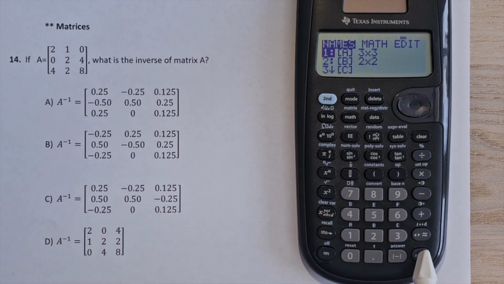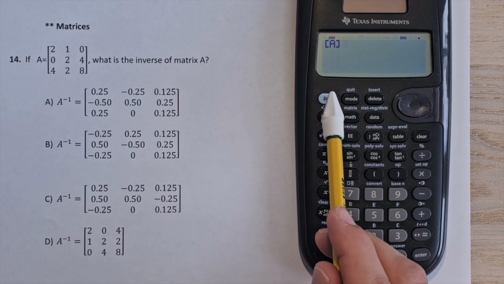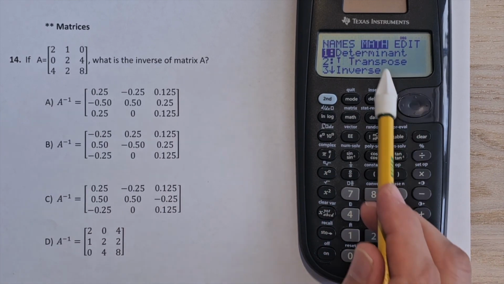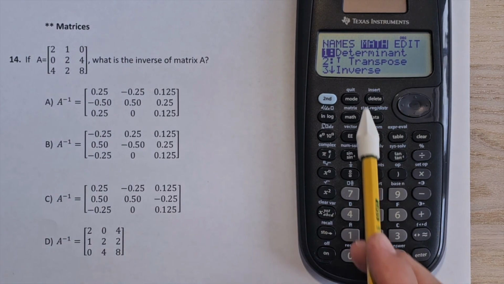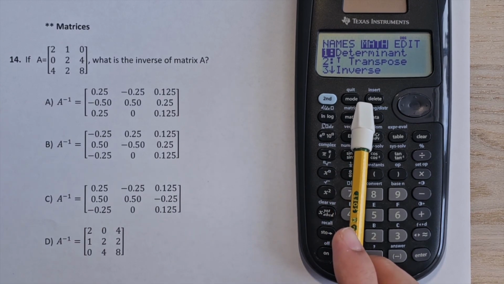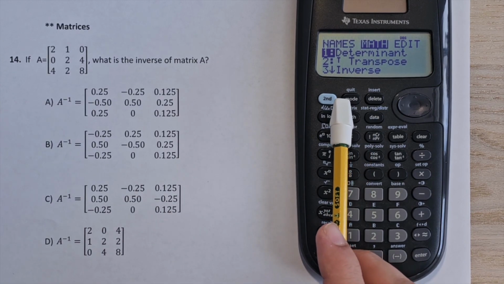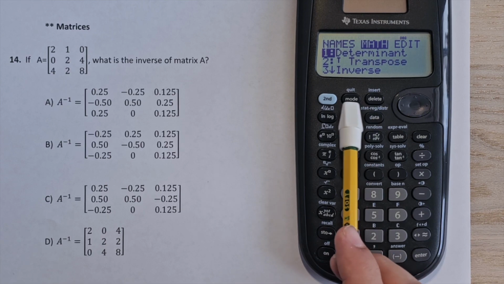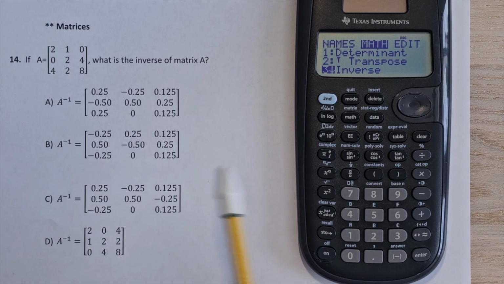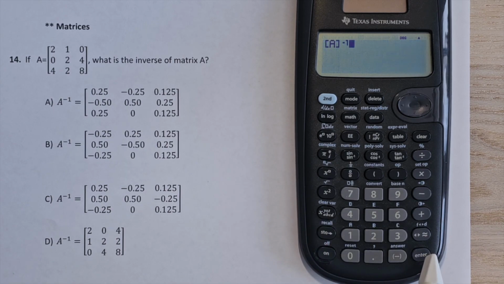I'm going to select our matrix. Then I am going to use the matrix function by clicking on mat. So as you can see here, number 1 is the determinant function, number 2 is transpose, and number 3 is inverse. So we are looking for inverse. So I'm going to press enter and enter.